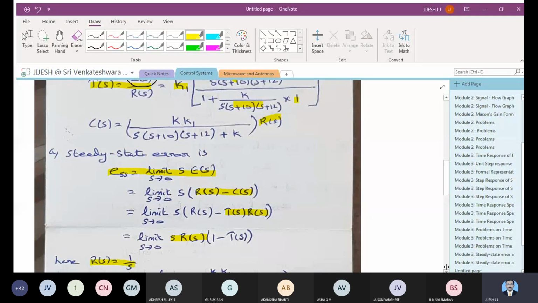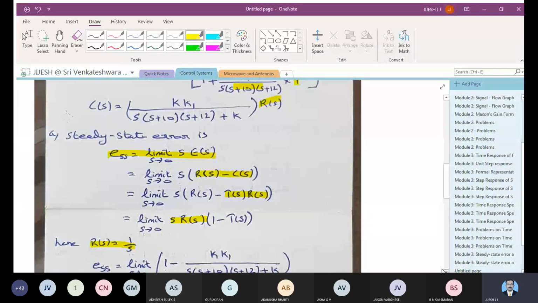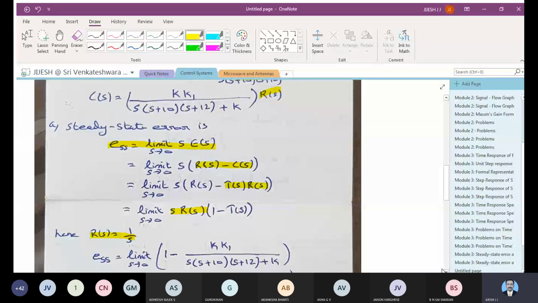So limit of ESS will be, when you are doing the substitution, you will get it as limit of 1 minus R of S is 1 by S. S and S will get cancelled. So it will be left out with 1 minus T of S itself. So it will be 1 minus T of S is what?